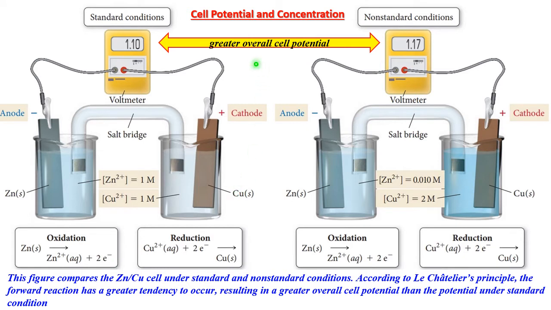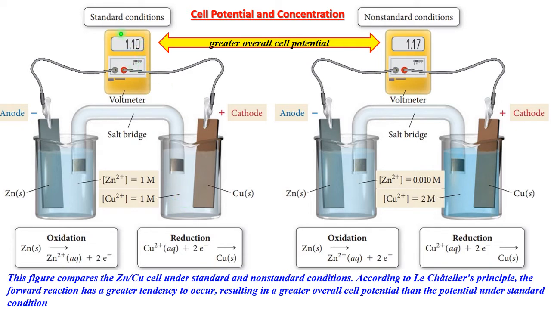Now, how is cell potential related to concentration? If we have standard conditions, all concentrations should be 1 molar. So in our cell you have 1 molar zinc 2 plus and 1 molar Cu 2 plus.